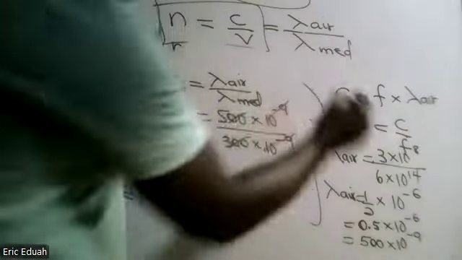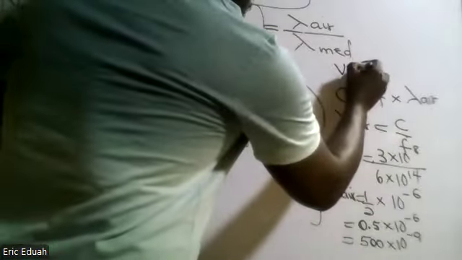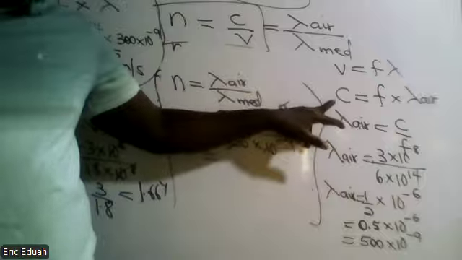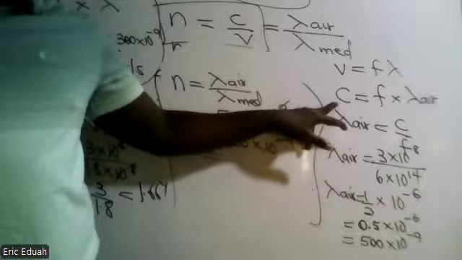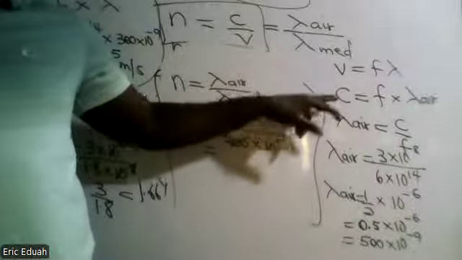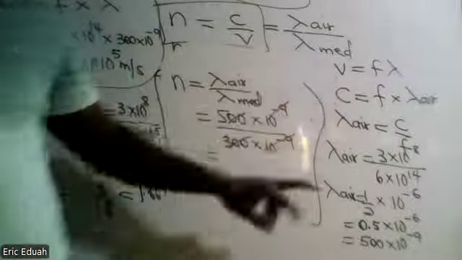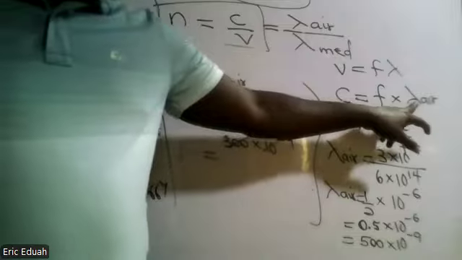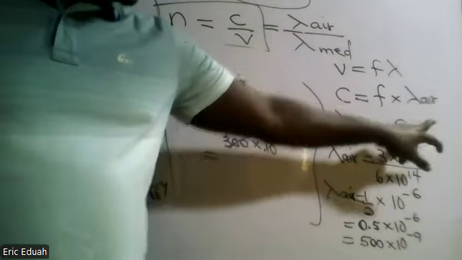Okay, and we are using the relation V is equal to F lambda. Now we change V to C because we are talking about the speed of light in air, which is constant, and this is represented by the letter C. So C is equal to F times the wavelength of light in air.